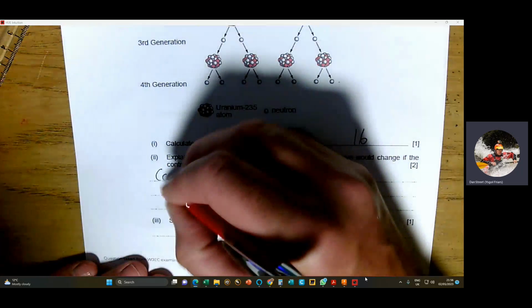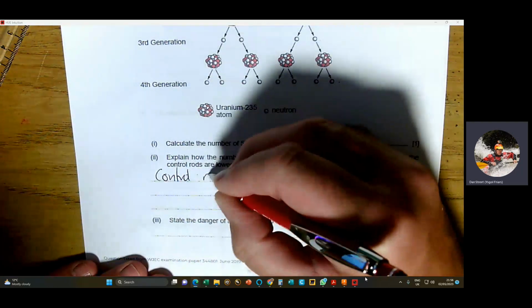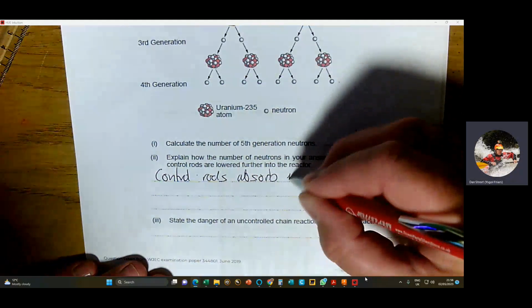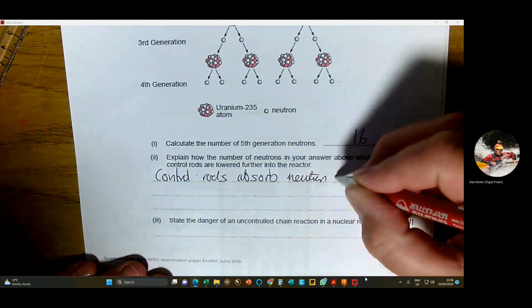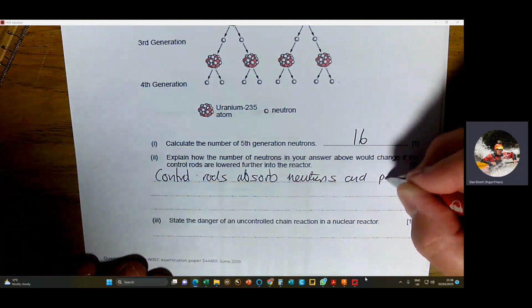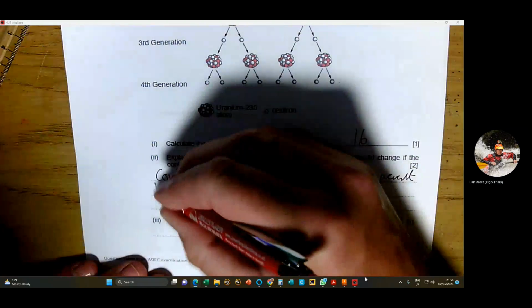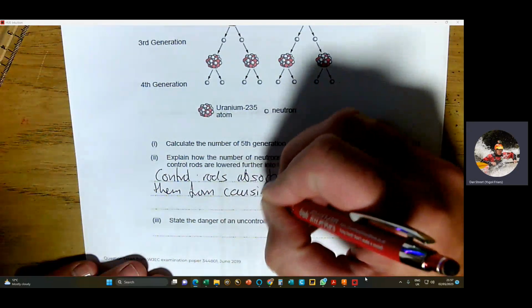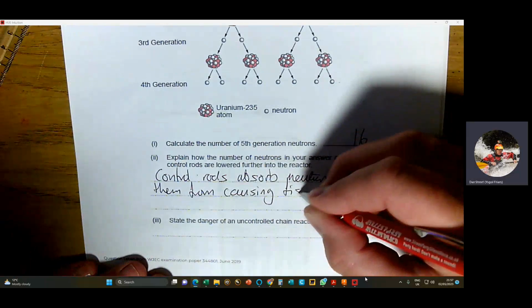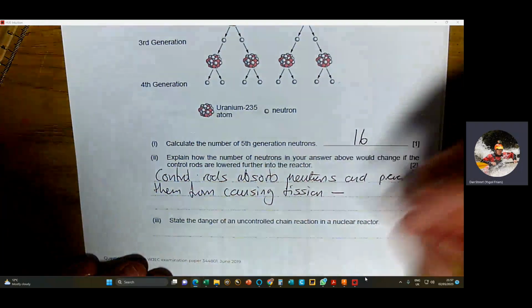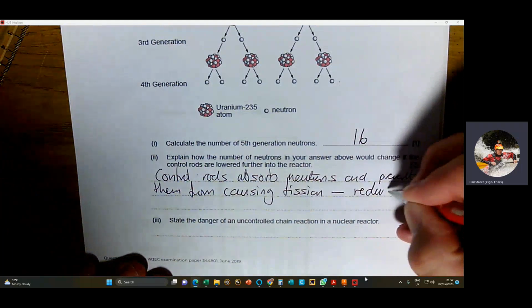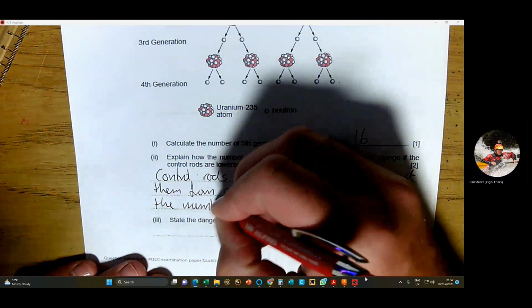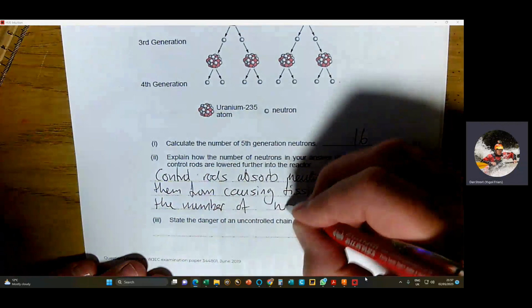Okay, so control rods absorb neutrons and prevent them from causing fission or splitting. So ultimately that would reduce the number of neutrons.